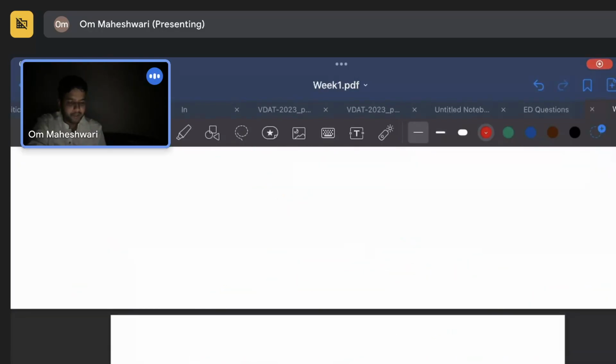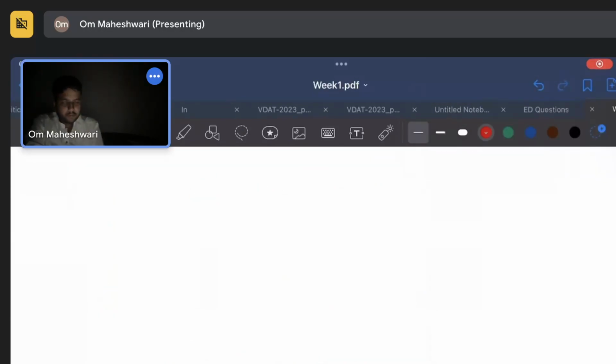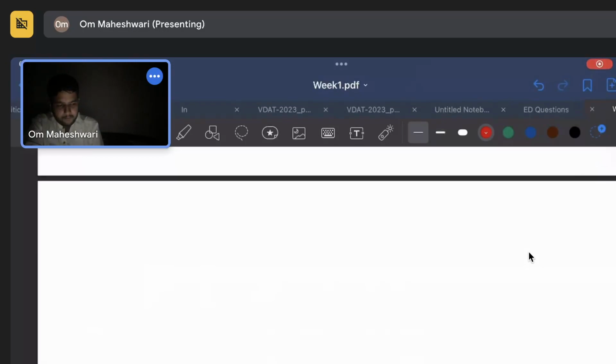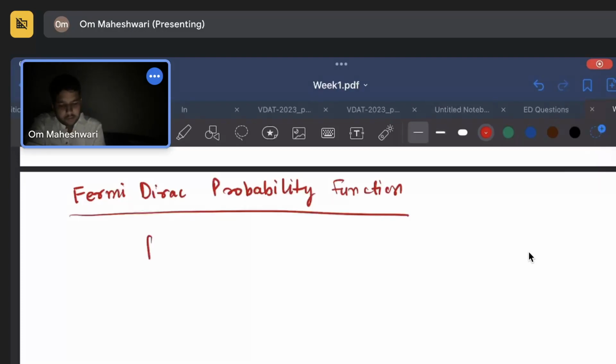The next thing is the Fermi-Dirac statistics. So for Fermi-Dirac, let me write it. The probability function f of E equals 1 upon 1 plus exponential of (E minus EF) by kT.